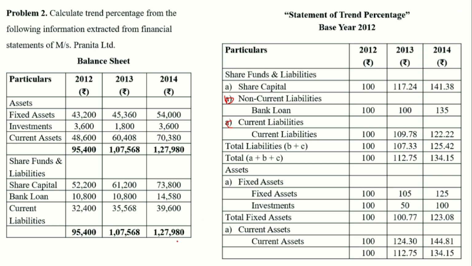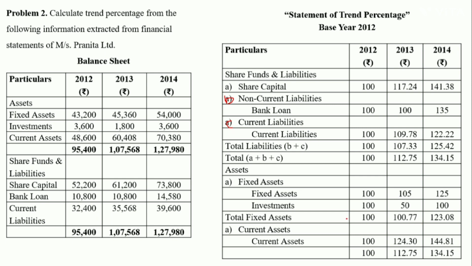Again for 2014, 1,27,980 divided by 95,400 into 100, that will give 134.15. Similarly we have to calculate for the fixed asset, investment, then total fixed asset and current assets. Total fixed asset means fixed asset plus investment.